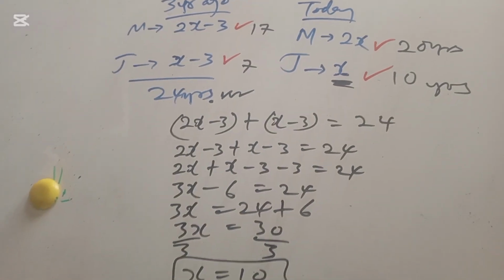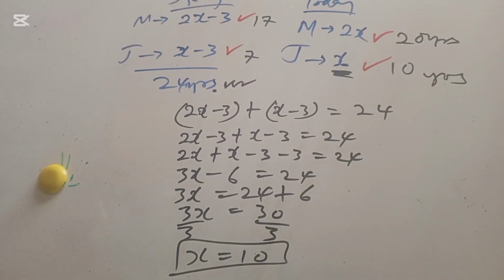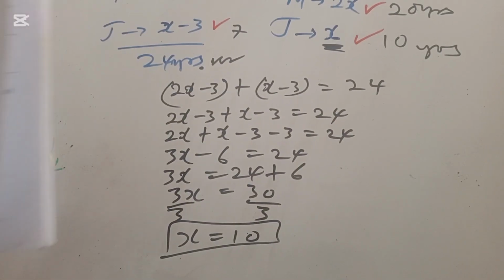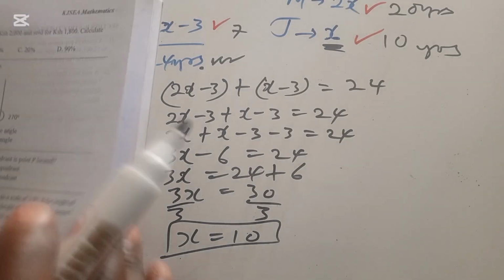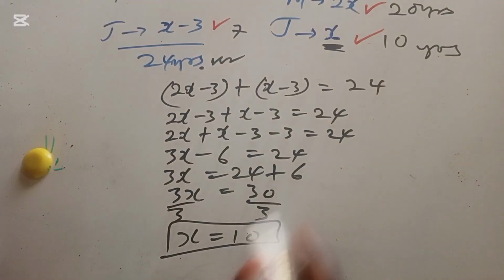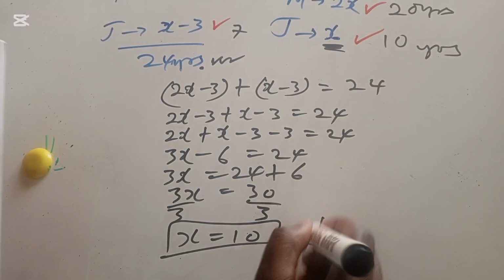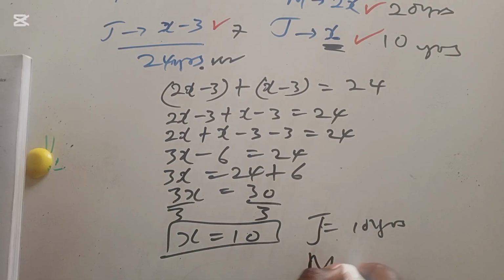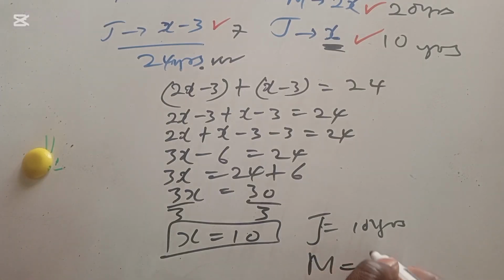Anyway, in your exam, when you get here, you say, you have found the value of x and you are asked to calculate their current ages. So you say John is 10 years, Mary is 2x, 2 times 10 equals 20 years, and you leave it at that.